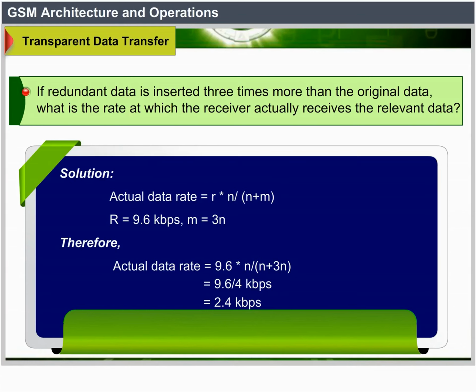R equal to 9.6 kbps, m equal to 3n. Therefore, actual data rate equals 9.6 into n by n plus 3n, equal to 9.6 by 4 kbps, that is equal to 2.4 kbps.